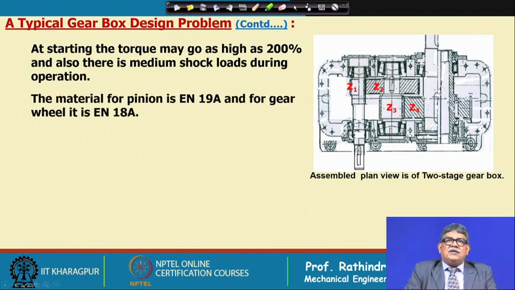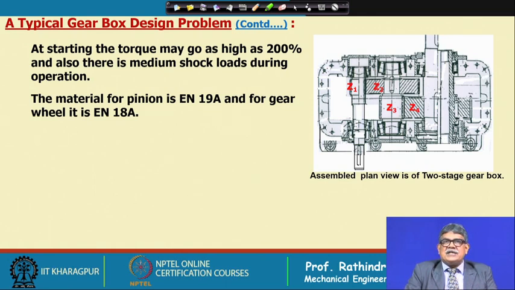The material for the pinion is EN 19A, and for the gear wheel it is EN 18A. Now, I would like to mention that EN is the British standard, Emergency National. In our country we still follow these numbers, but there is an Indian equivalent.